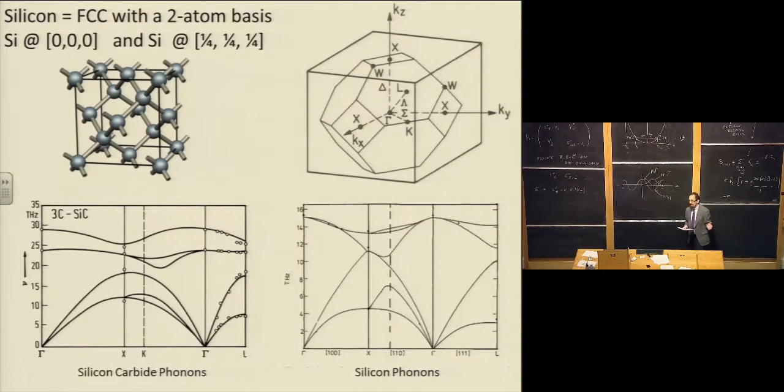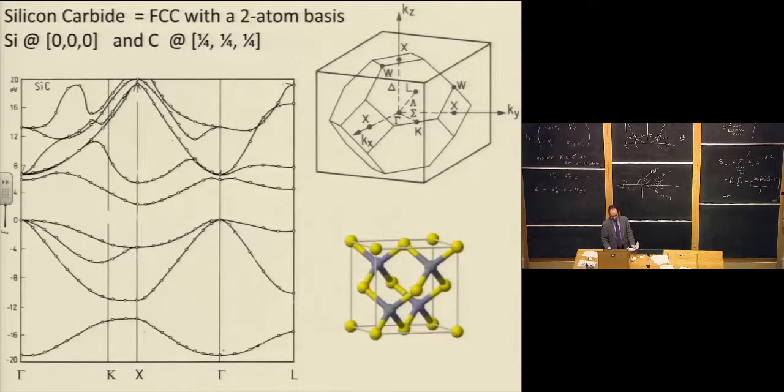Those don't equal each other, so you would still have backscattering and you'd have a gap opening up at the Brillouin zone boundary. Okay? So I realize this is a little bit complicated, but it was on an exam, and hopefully, if it comes up on an exam again, people will be able to get it right. But I do admit that if you've never seen that before, it's pretty hard to figure out.